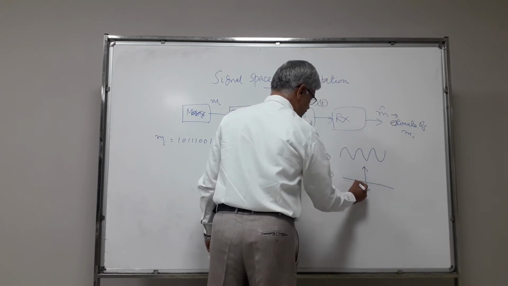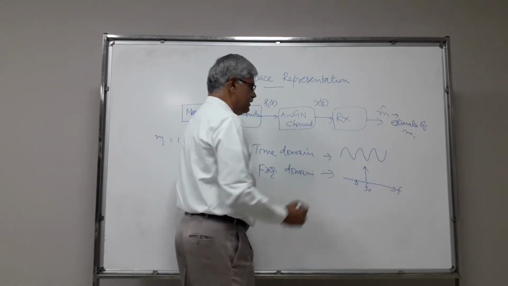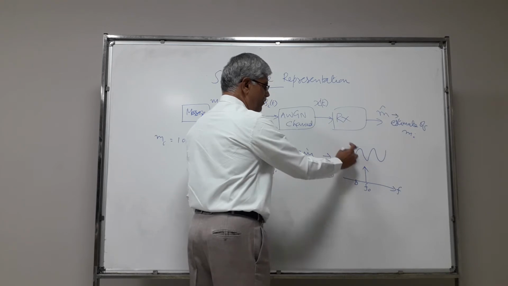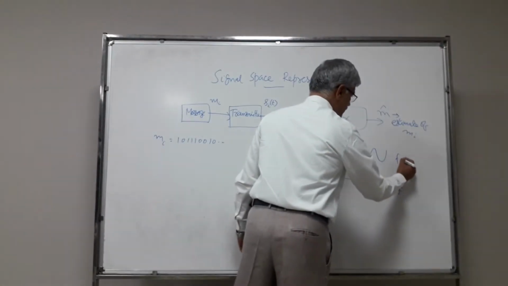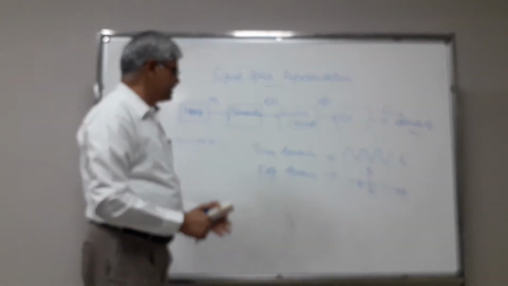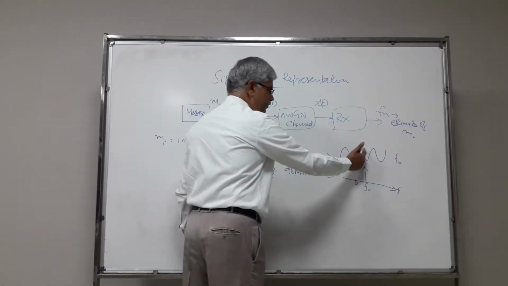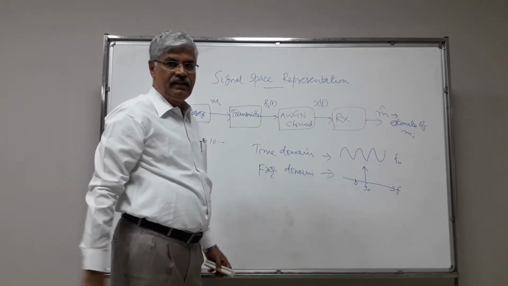Okay, this is 0 and this is the frequency axis. So this is the waveform having a frequency of 0. Okay, frequency of 0. So if you want to visualize this waveform in the time domain, it will look like it will be running from minus infinity to plus infinity.